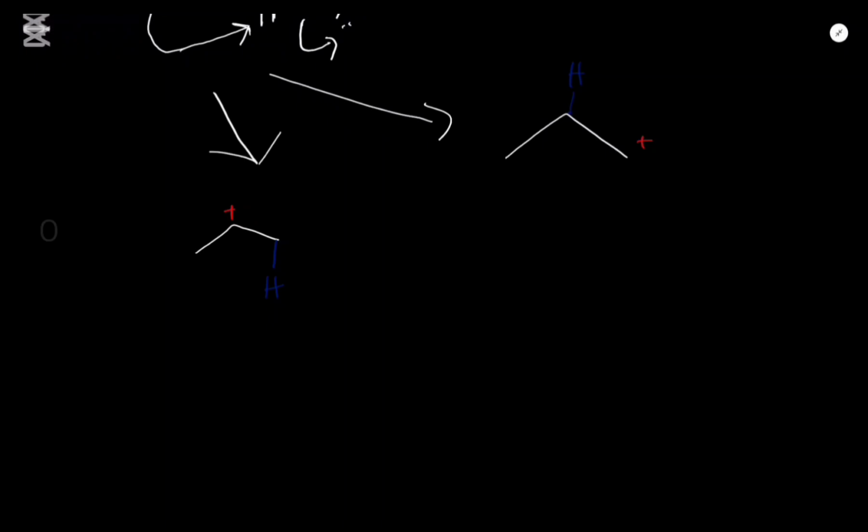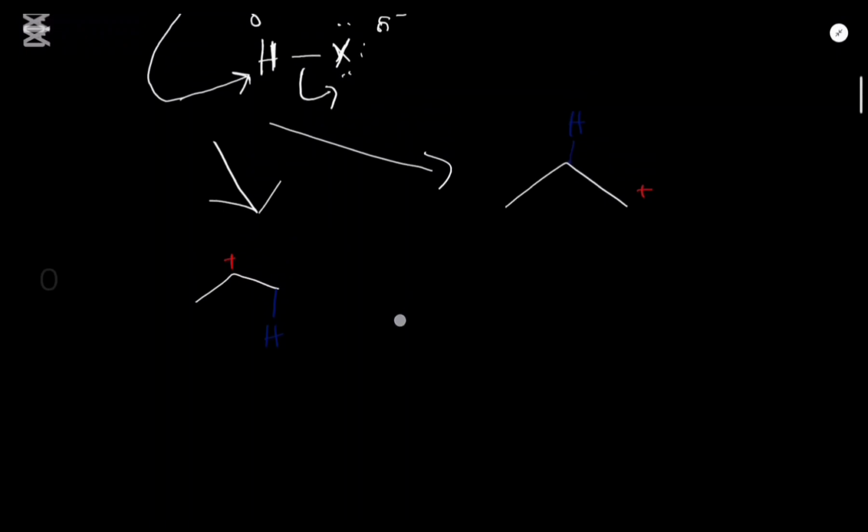Whenever you are adding an electrophile to a positive charge, you follow the law which we call Markovnikov's rule, which states that hydrogen will go to where there are more hydrogens.